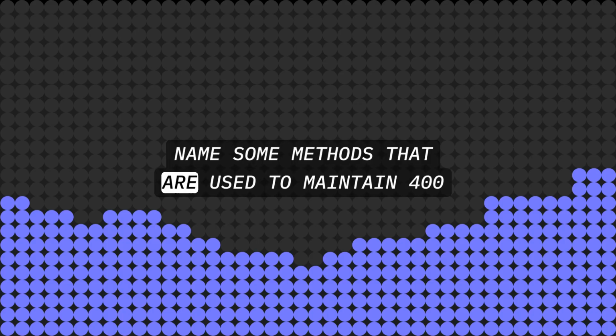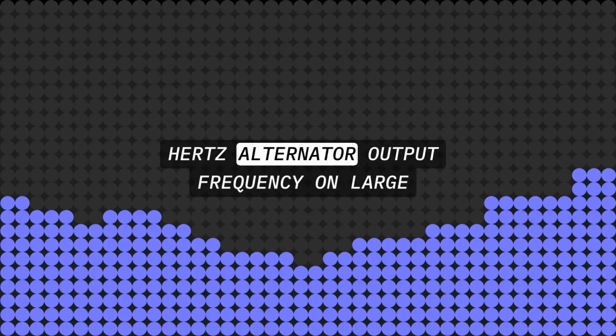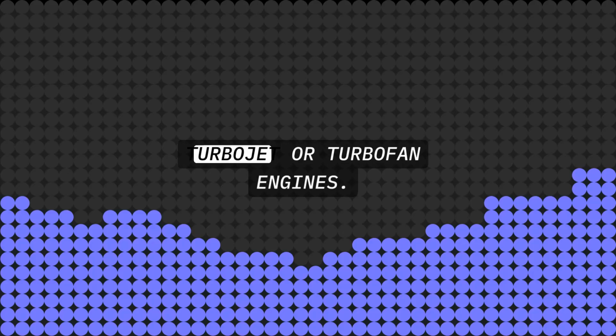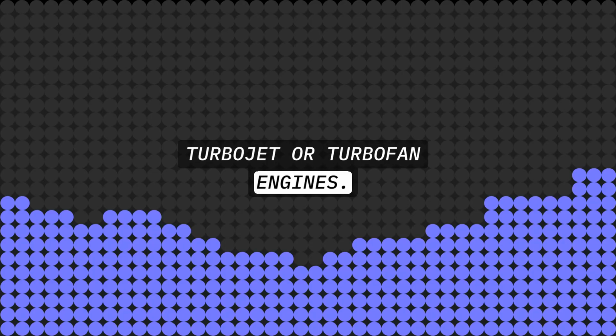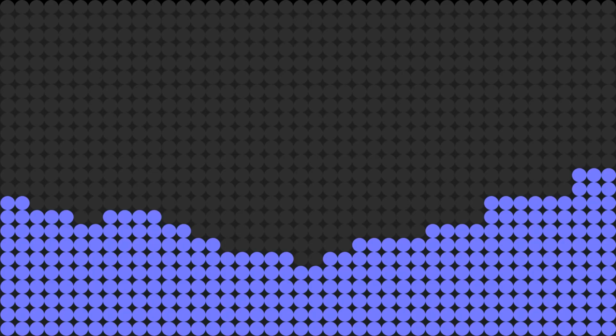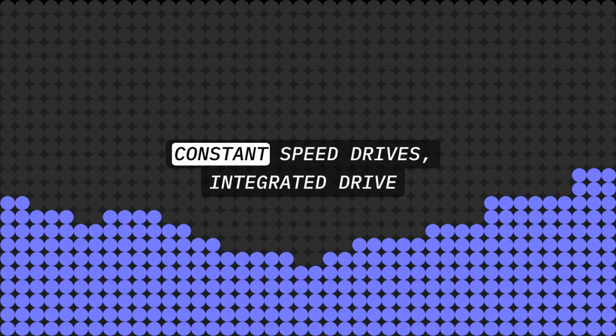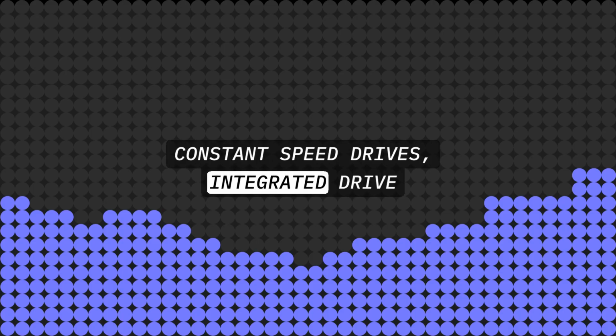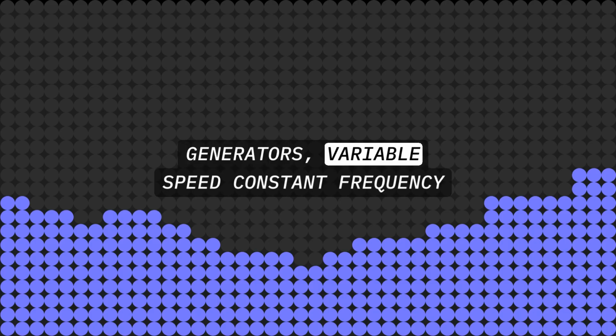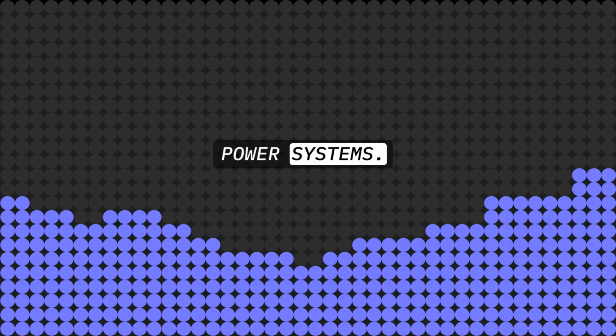Name some methods that are used to maintain 400 Hz alternator output frequency on large turbojet or turbofan engines. Constant speed drives, integrated drive generators, variable speed, constant frequency power systems.